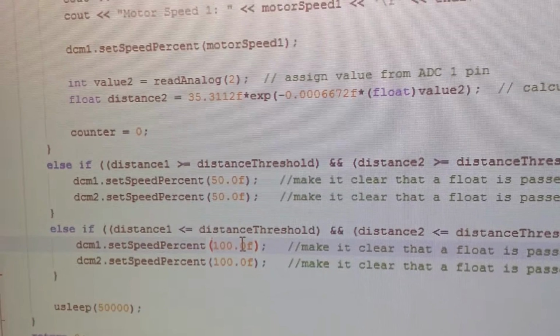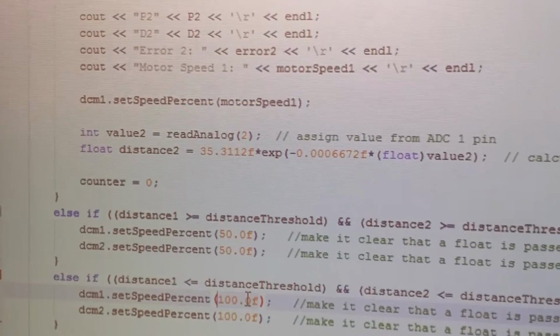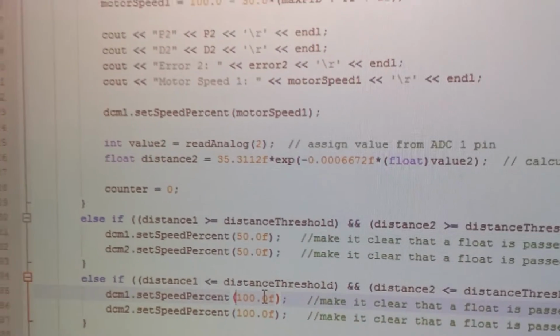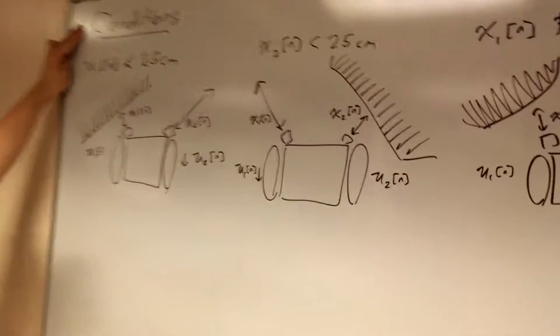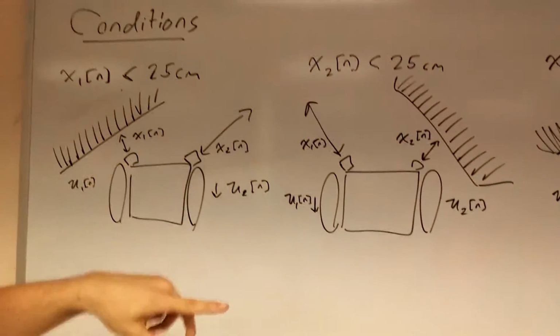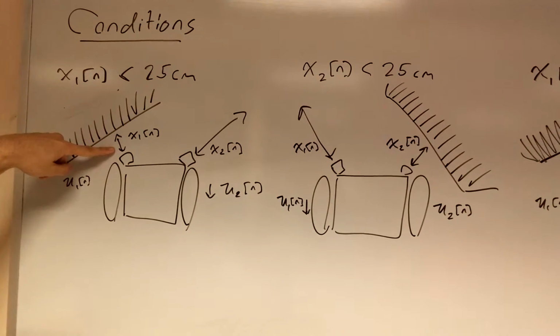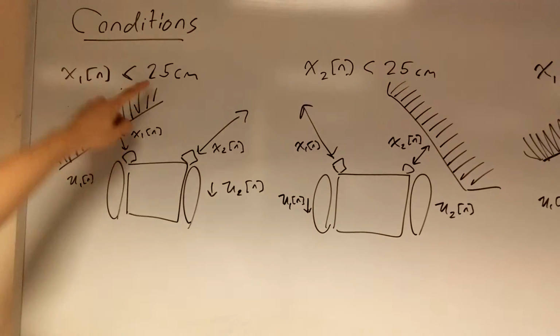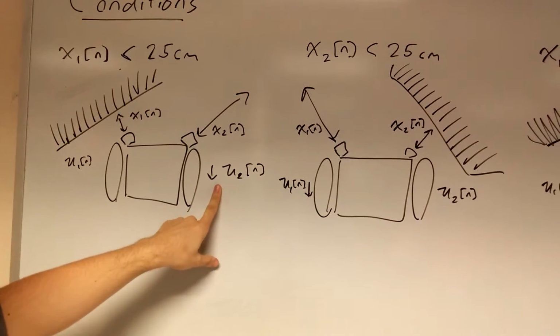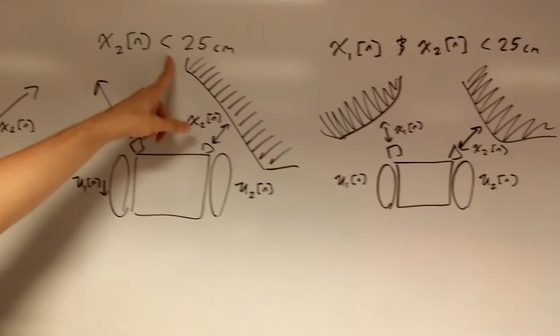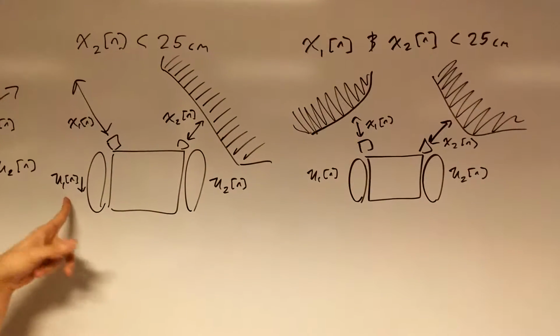Using this PD controller, we're able to establish some cases right here. Here are the conditions for when the robot works. If the left distance is smaller than the threshold, it controls the right motor to decrease. If the right distance is below threshold, it controls the left motor to decrease.